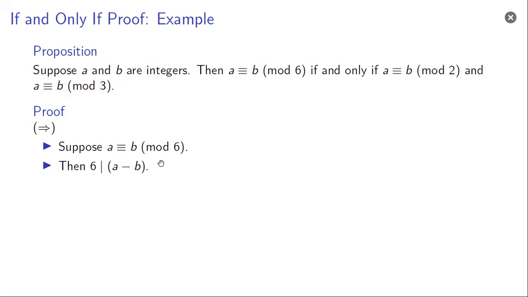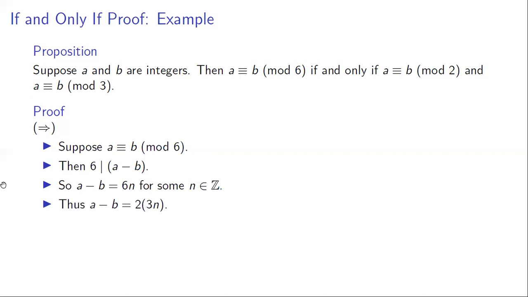Well, if A is congruent to B mod 6, that means by definition that 6 divides A minus B, which means by the definition of divisibility that A minus B is equal to 6 times n for some integer n. Now we can factor that, right? So A minus B is equal to 2 times 3n, right? 6n is the same as 2 times 3n.